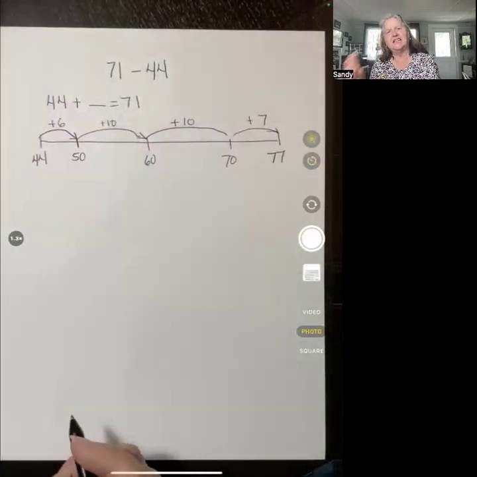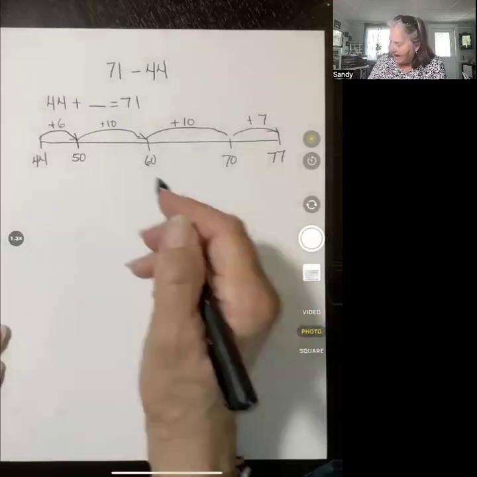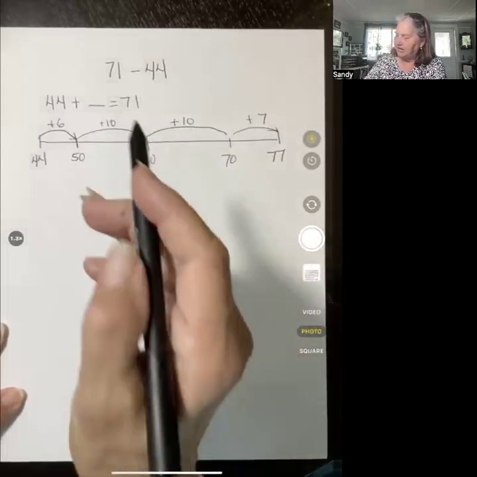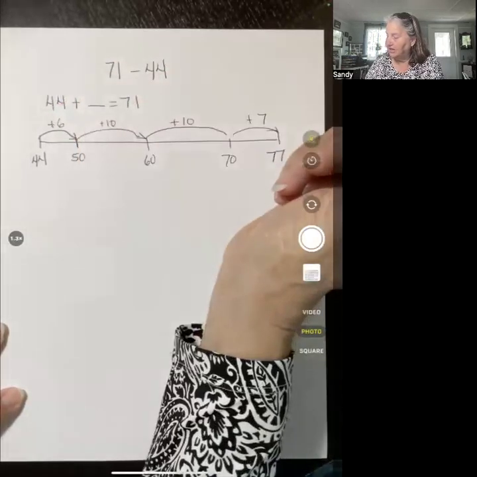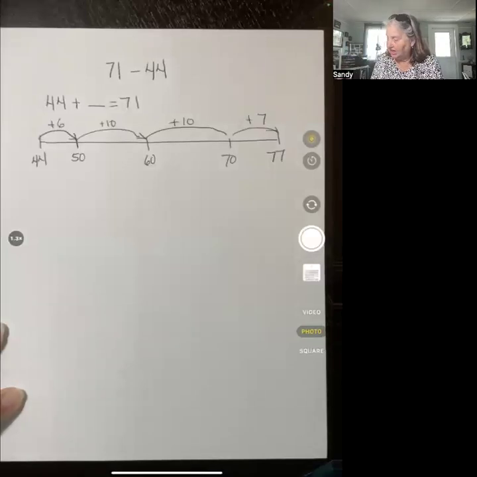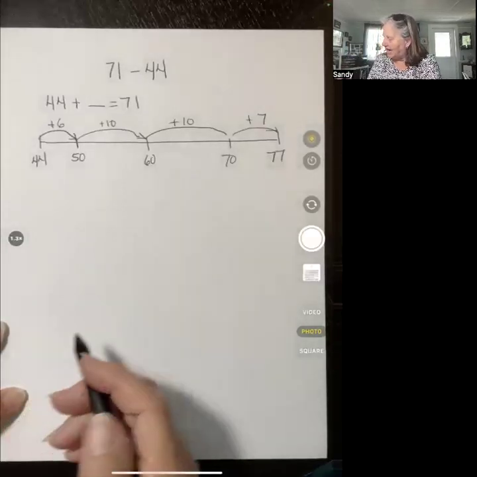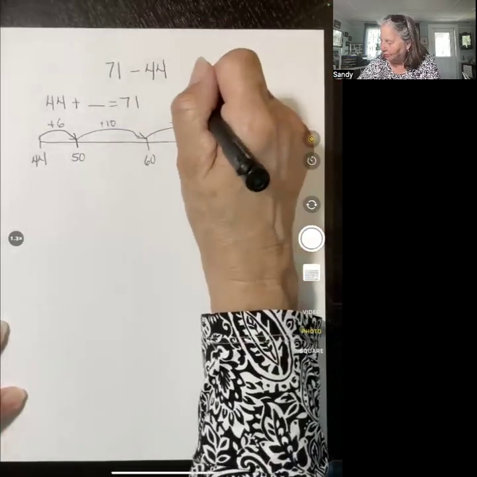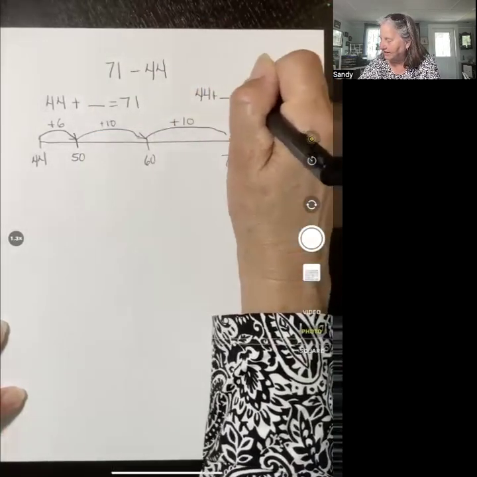I happened to get to the next decade and then did jumps of 10. That was comfortable. I add all of these jumps up, and I end up with 20. Now, I did 77. I changed the problem to 44 plus what equals 77.